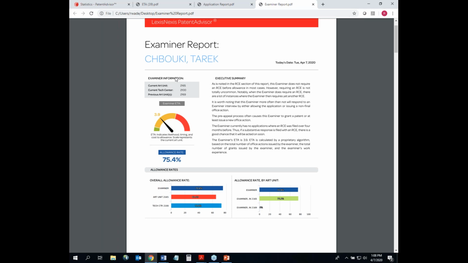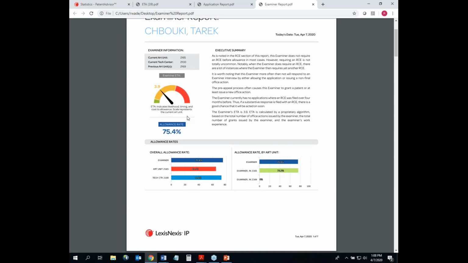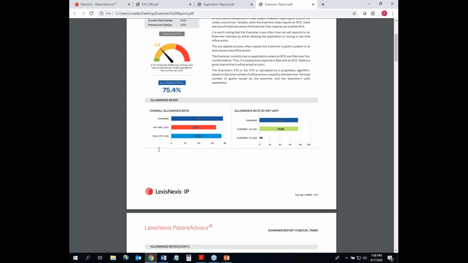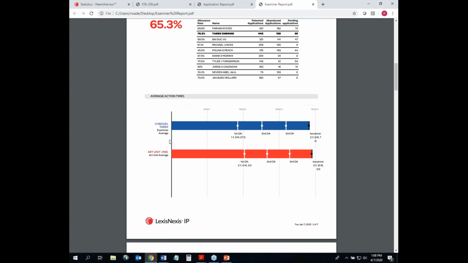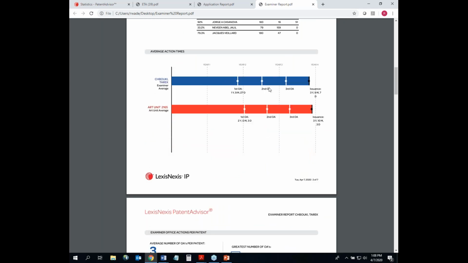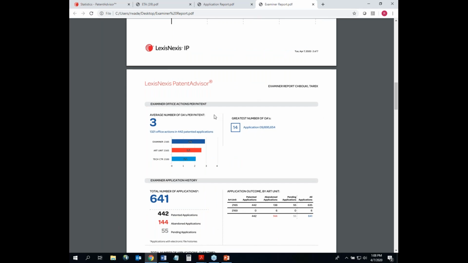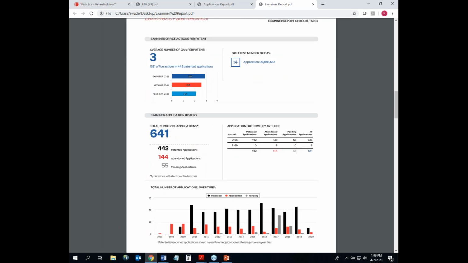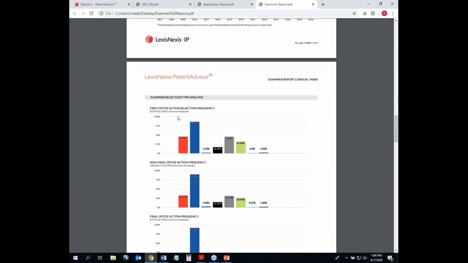I can see my executive summary, my examiner information here, allowance rate, average action times. I can look at average office actions. Like I said, some of this is similar, but again, focusing on a different part of that application process.